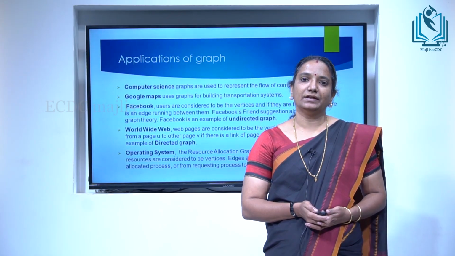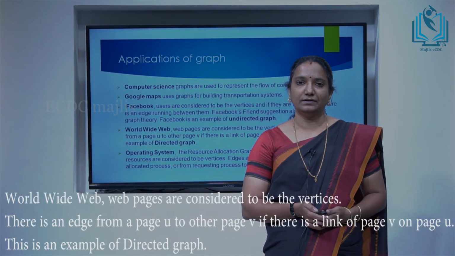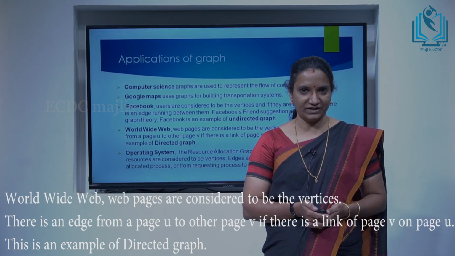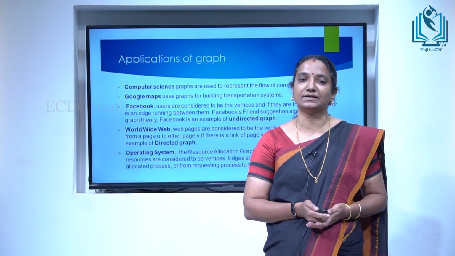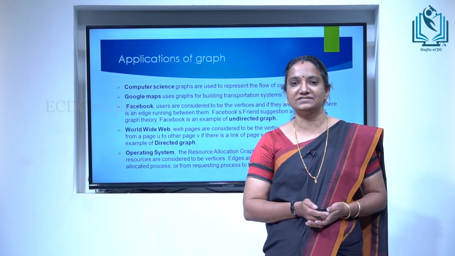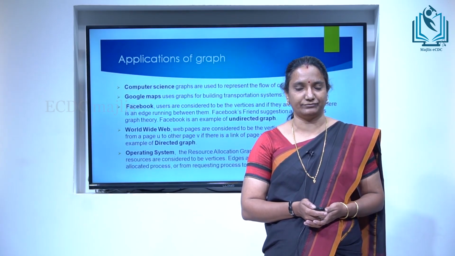Next, in World Wide Web, we are using graph. The World Wide Web is a collection of web pages. The web pages are considered as nodes, and a link from one page to another page is considered as an edge. It is an example of directed graph.